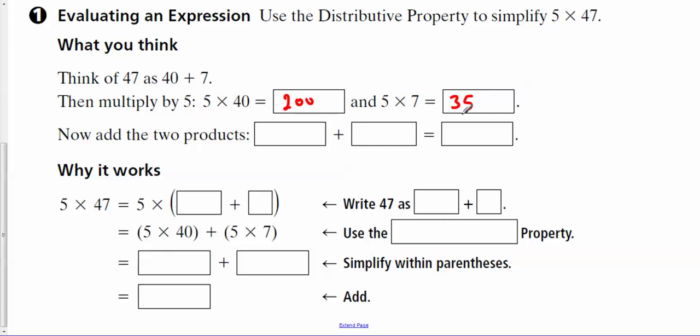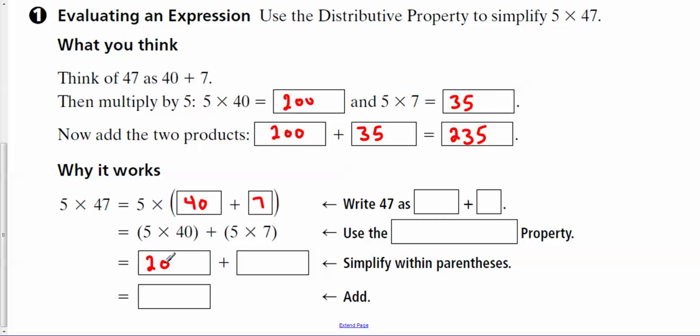So we're going to rewrite this a couple times just so you're clear. So we have 200 plus 35 equals 235. So let's rewrite this. Okay? So as we did up above. So 5 times 40 plus 7. Okay? So when we distribute, we've got 5 times 40 plus 5 times 7.